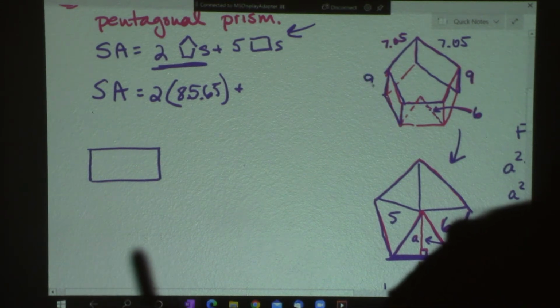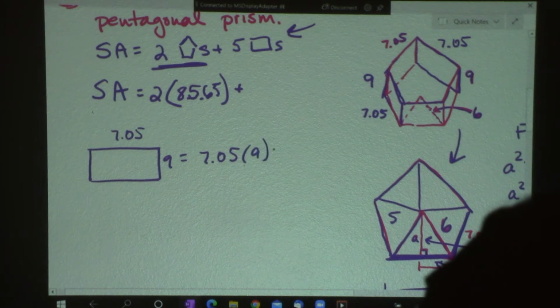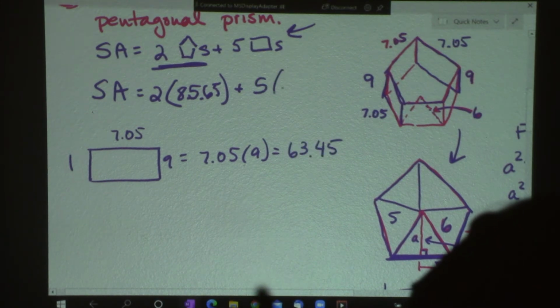All the heights are 9, and all of the side lengths are 7.05. So that is 7.05 times 9, which equals 63.45. So I'm going to have 5 of those.